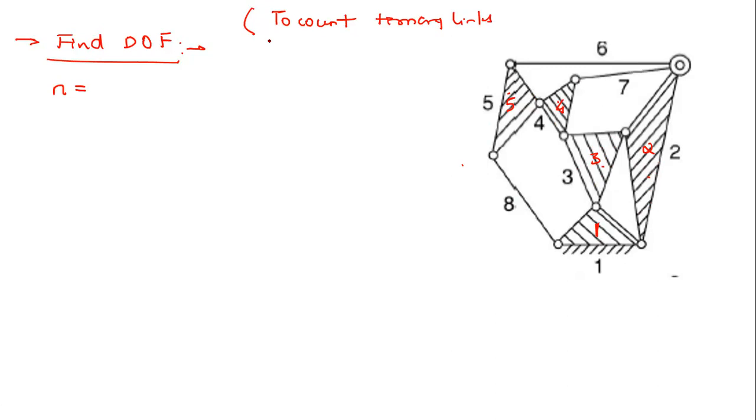Just to avoid any confusion, once you practice this, you can do whatever you wish, but initially name the ternary or higher order links first, then the binary links. So 1, 2, 3, 4, 5 are ternary links, then binary links 6, 7, 8. So the total number of links in this mechanism is n equal to 8.